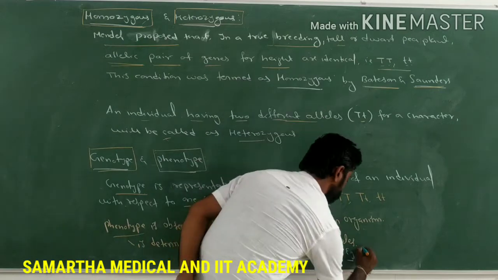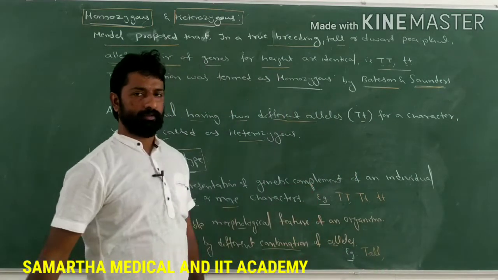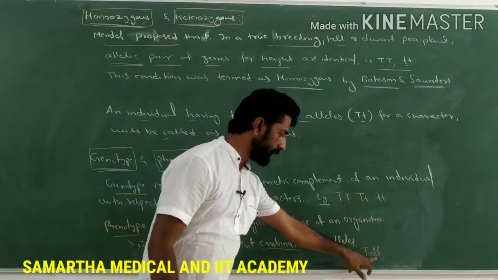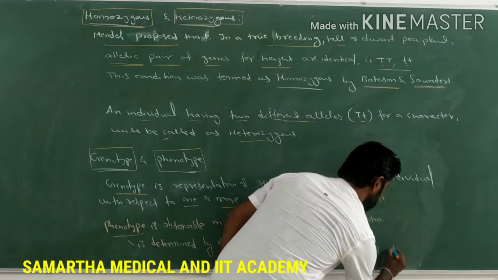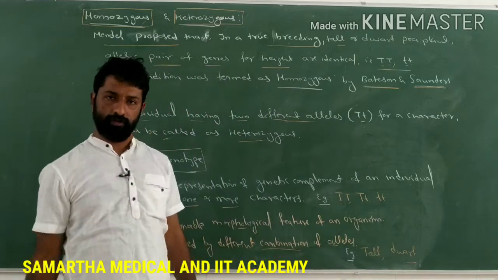Example here: the plant is tall, or that organism is tall. So what does this tall represent? Phenotype. Similarly, dwarf is also a phenotype.